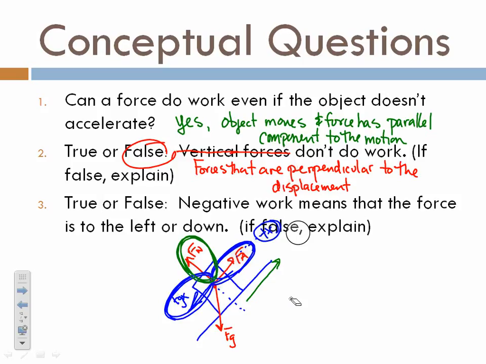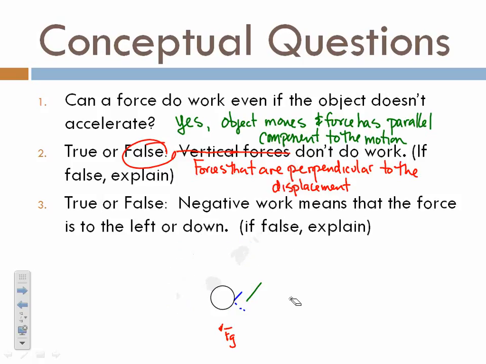So there are a number of examples here where, if you're not careful, you can get caught. All right. So true or false, negative work means that the force is to the left or down. Oh, don't you dare make this mistake. What does negative work mean?